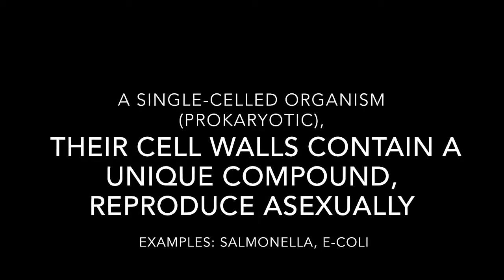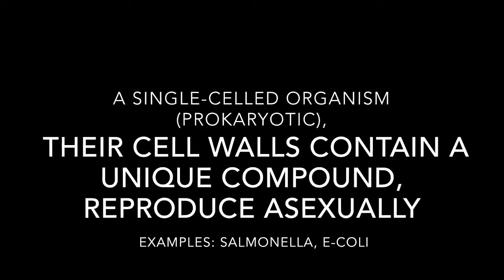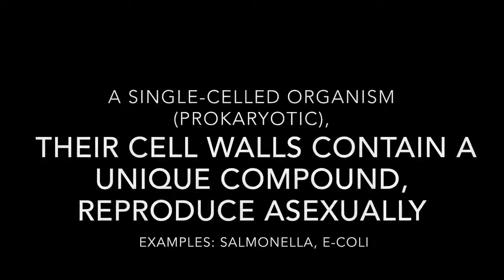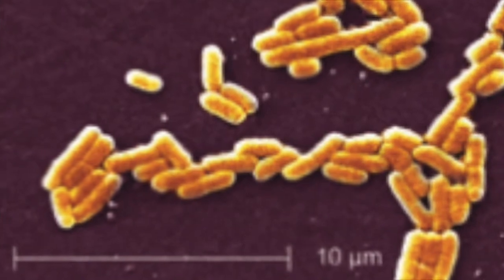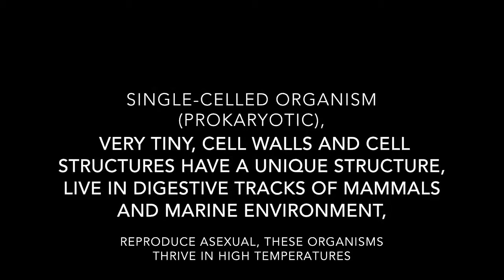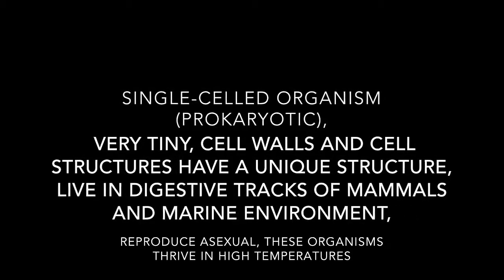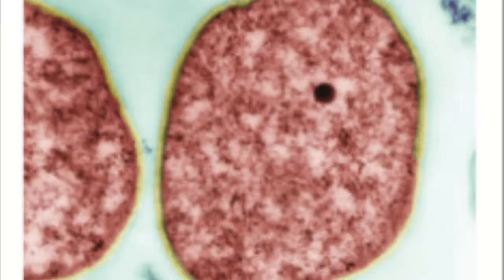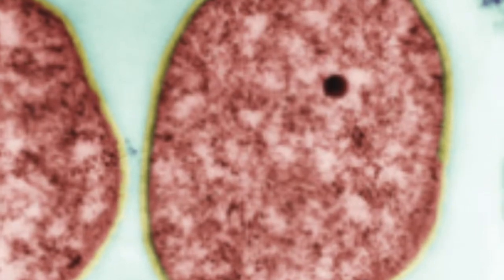Eubacteria with 10,000 described species. Archaea with 400 described species. Protista with 100,000 described species.